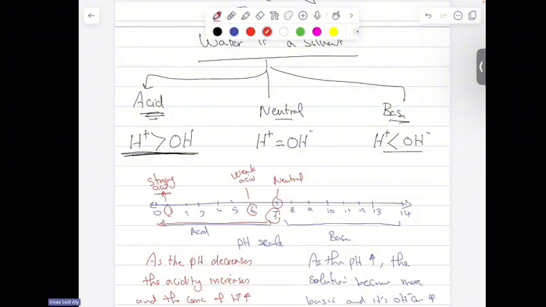It means that number 14 is the strong base, while number 8 is a weak base. Which one has more OH? 14 has more hydroxide ions than a solution with pH 8.